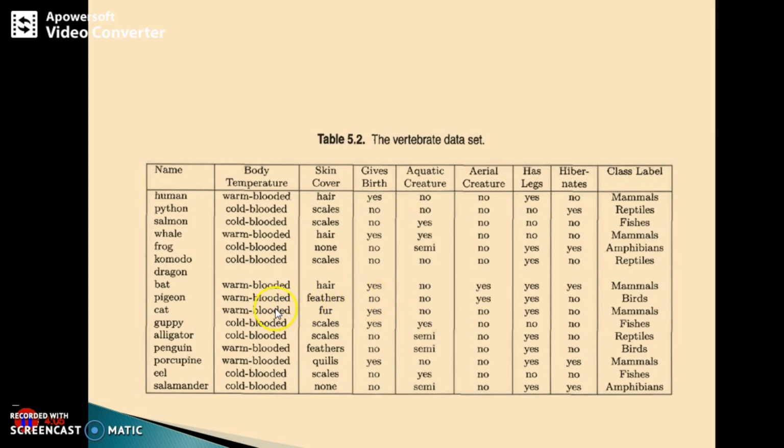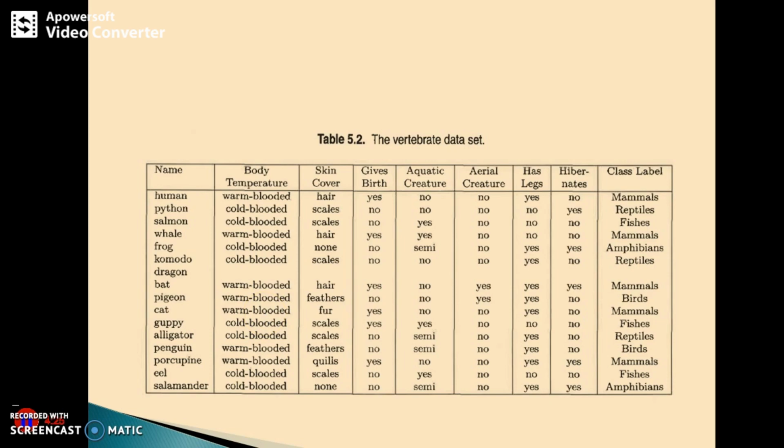Here, warm-blooded is true, and gives birth is yes. Again it says mammals. So till now I have three records which say that my rule is true.